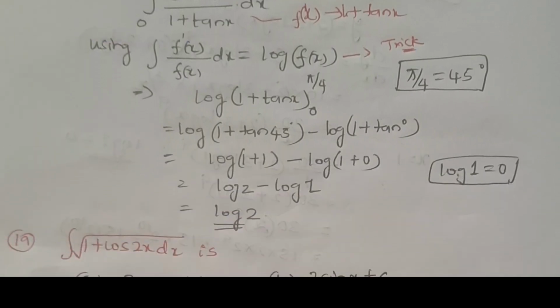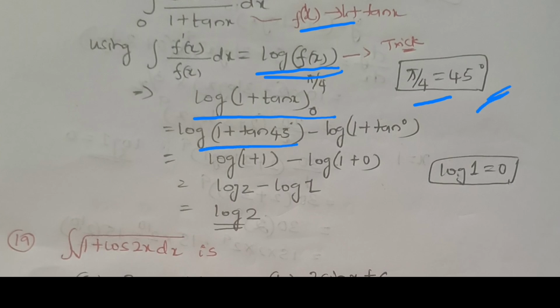So log of 1 plus tan x from 0 to 45 degrees. Differentiation we have done, so log of f of x, where f x is equal to 1 plus tan x. Tan pi by 4, 45 degrees, we substitute here, so we are applying the upper limit and lower limit.